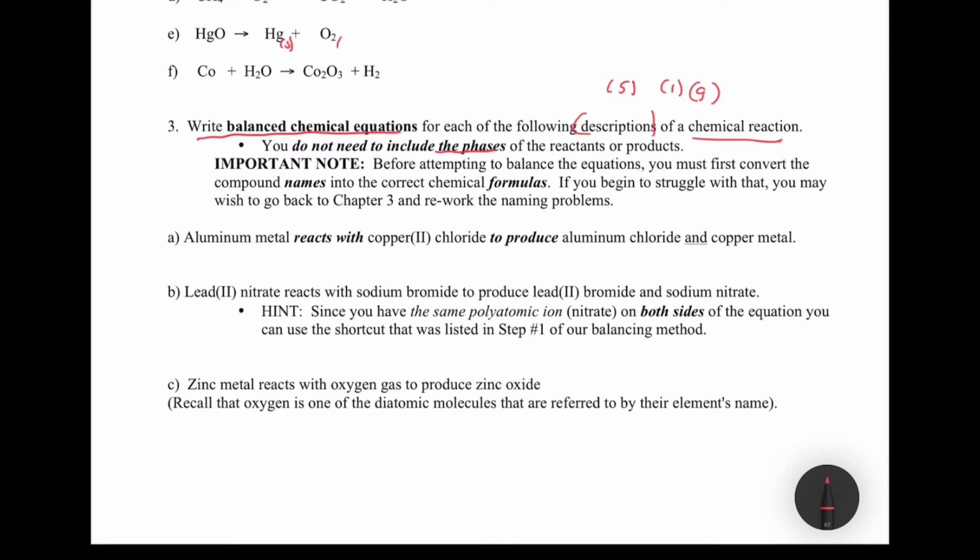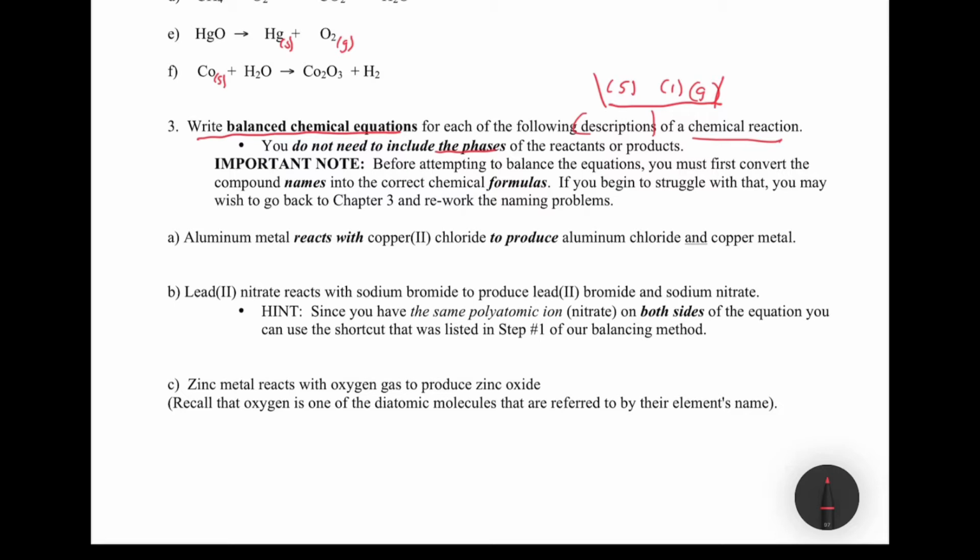This is going to be a gas. This is going to be a solid. That's how that would look. That's not necessary. That is a subscript, but that's not a number subscript. That just represents what phase each atom is in. Remember, there's solid, liquid, and gas phases. So we don't need to put those in.